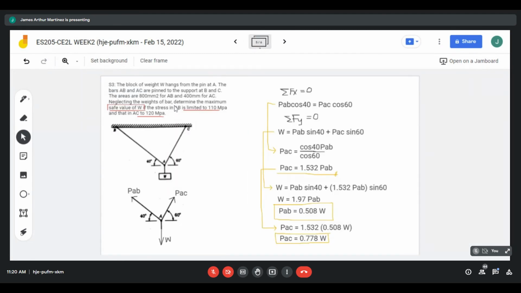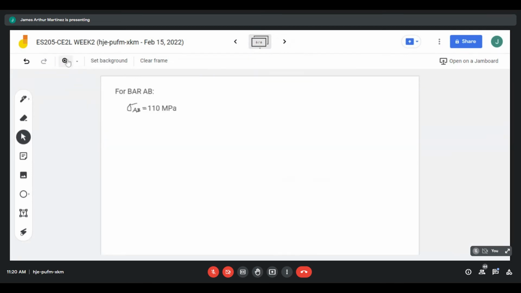And the cross-sectional area for AB is given to be 800 millimeters squared.